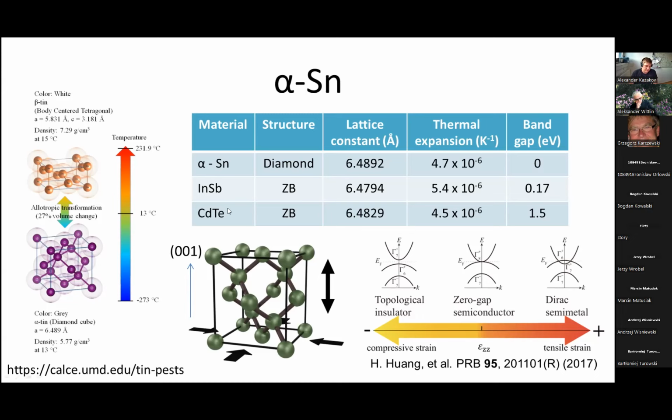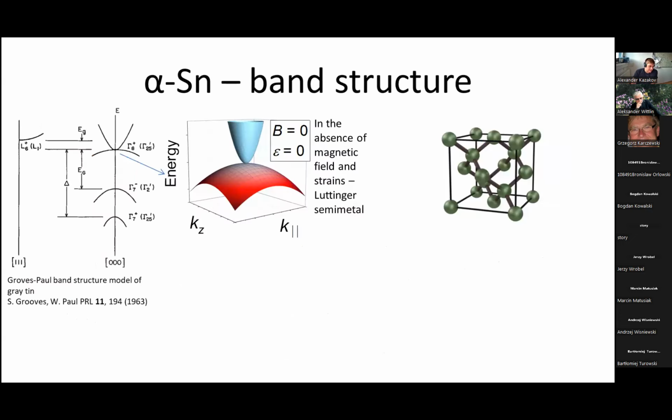On the other hand, cadmium telluride is less often used, but it is a wide band gap semiconductor, and it is insulating. So for transport measurements, cadmium telluride is better. And we use the cadmium telluride buffer as a substrate to grow alpha tin in this project.